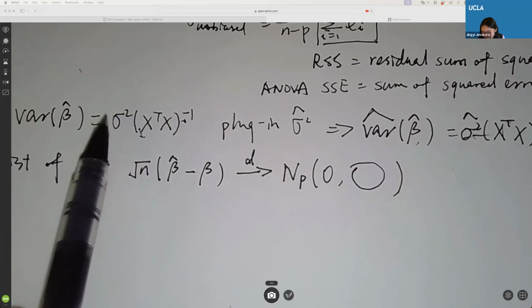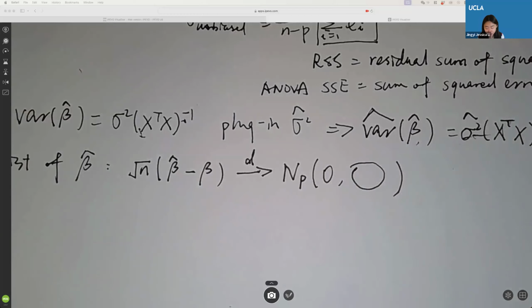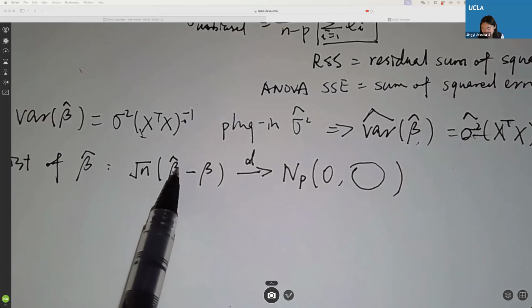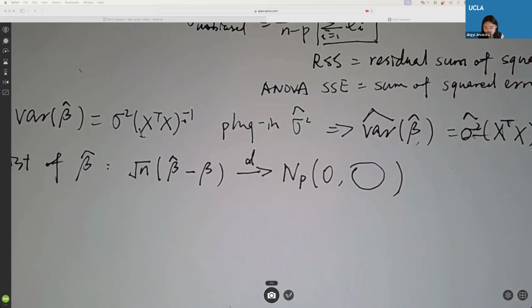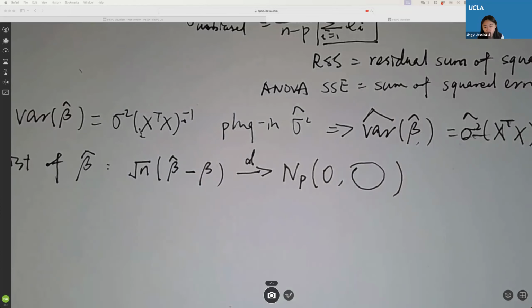So therefore, to get a distribution that doesn't shrink, because otherwise the larger the n, the more concentrated beta hat will be on beta, you will have a shrinking distribution, and that distribution will shrink to a point mass, so you cannot use it to say anything. This factor root n is there to protect the distribution from collapsing.